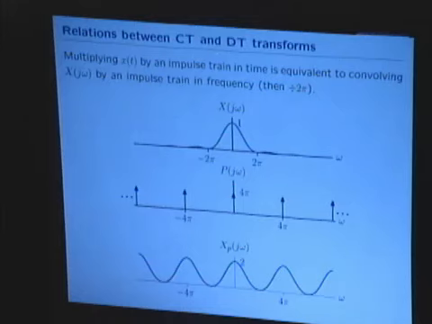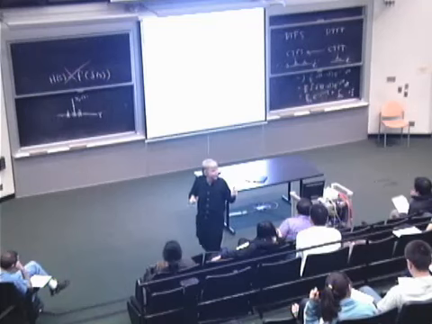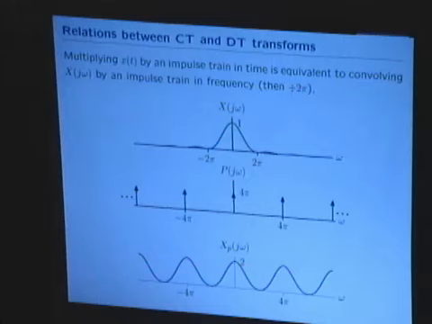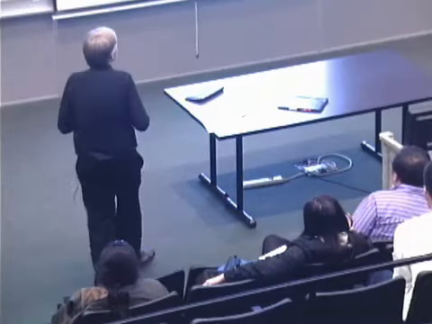If you convolve anything with a periodic signal, what do you get? Periodic. Inevitable. So the fact that I sampled in time leads to periodic in frequency. That's the point. Sampling in time leads to periodic in frequency. That's always going to be true.